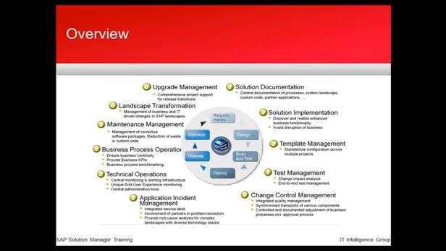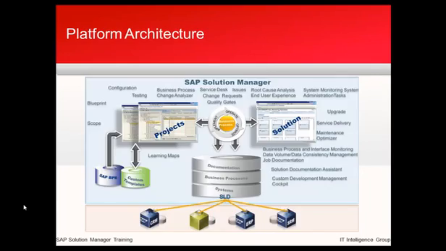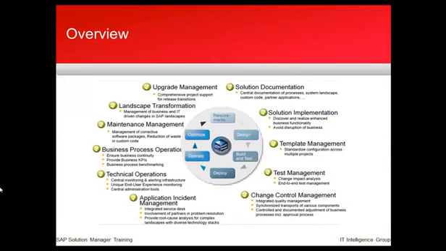So you can see that these are the different phases which are available, and how these phases come together is defined here. You can see here we have the technical operations phase, in which the ongoing operations of IT services are taken care of. Then you have the incident management phase. Apart from taking care of central monitoring and alerting infrastructure, you take care of integrating and finding the root cause analysis.